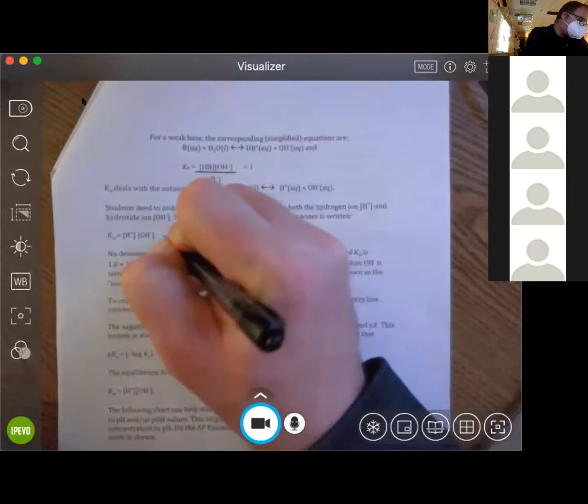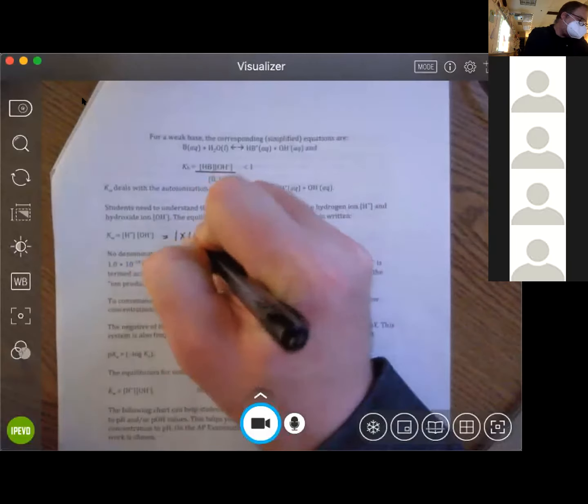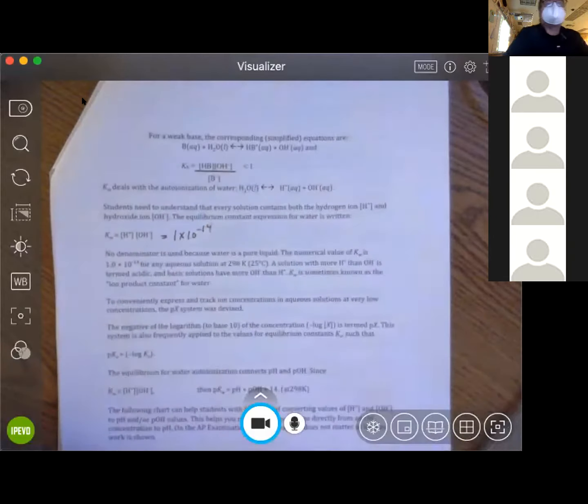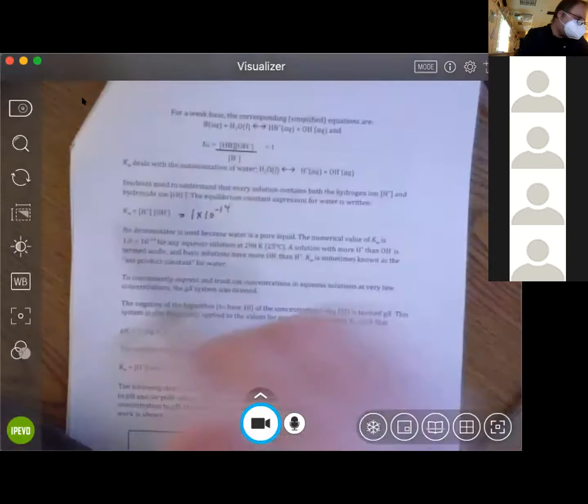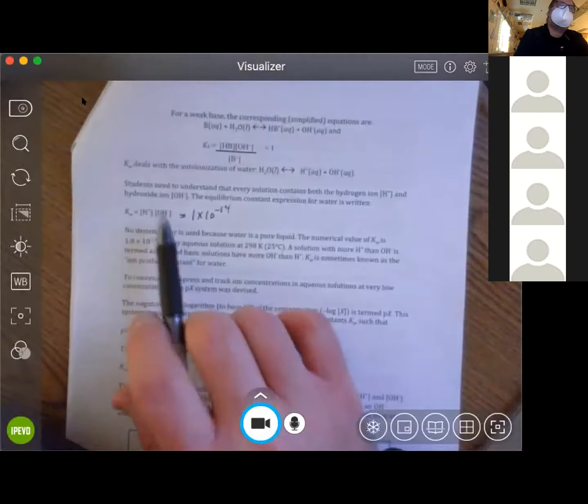Now this actually equals 1 times 10 to the negative 14. So if you know the hydrogen ion concentration or the hydroxide ion concentration, you can find the other one.